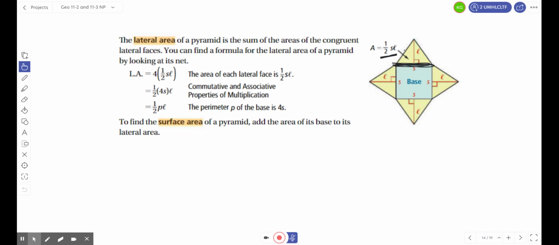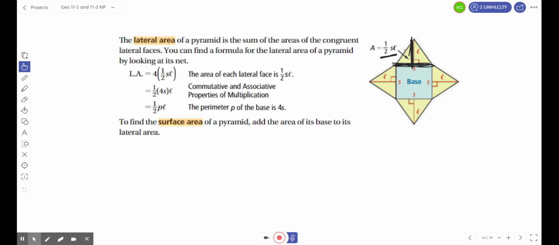The side length here is the base, and our script L is the height. So 1/2 SL will give us the area of one triangle. And of course, in this case, we have 4, so we're going to multiply it by 4. But you might have 5, 6, 7, 8, 3. Depending on what shape your base is, you're going to have a different number of triangles. And then to find the surface area, you just do that.